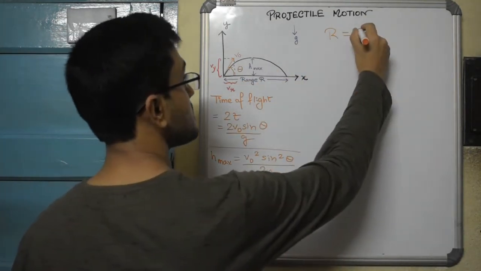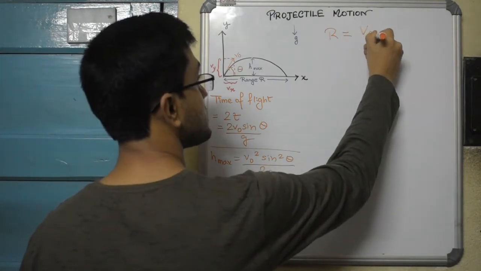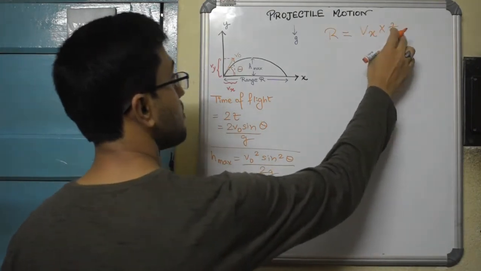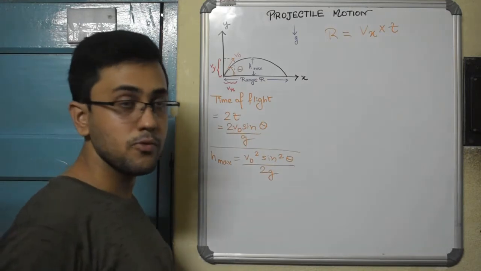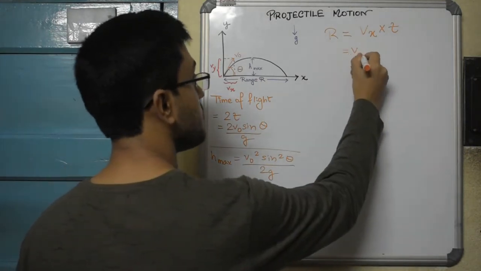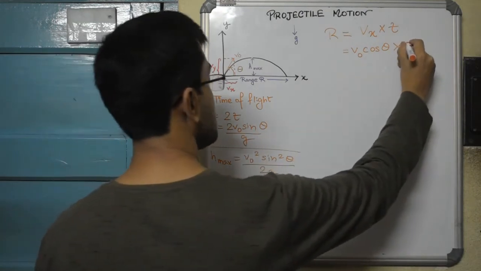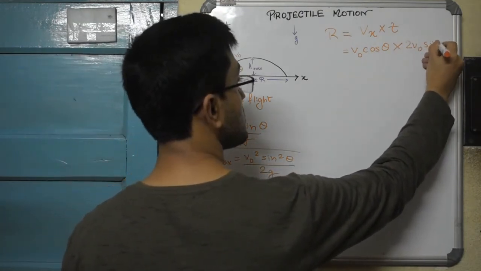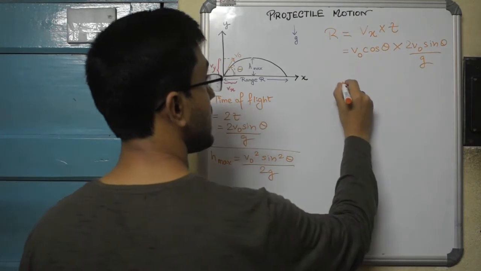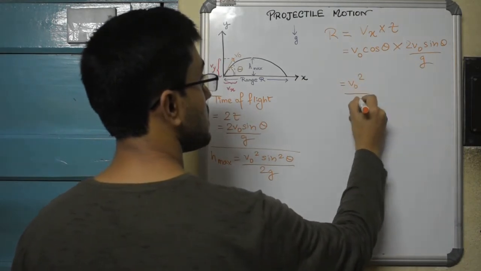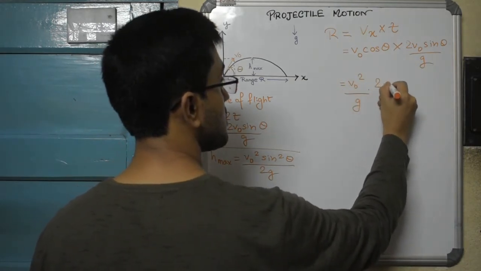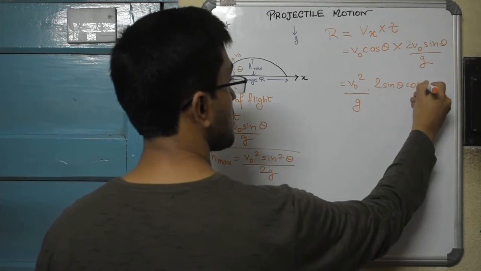So range is basically the velocity along the x direction into the time for which the projectile has been moving. So it is simply v0 cos theta into this expression, that is 2 v0 sin theta by g. So this entire thing becomes v0 squared by g times 2 sin theta cos theta.